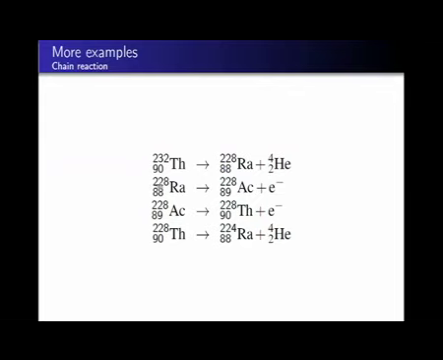So, here my parent is thorium-232 (90). What will it do? It will first emit an alpha particle and produce radium-228 (88). Is that okay? Now, this radium is also unstable because of the mass factors I told you about. So, that will produce actinium-228 (89) by a beta decay.